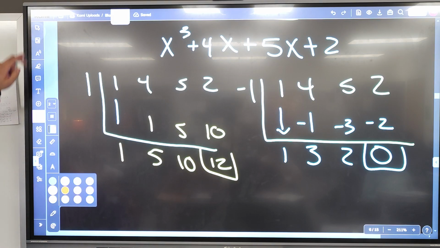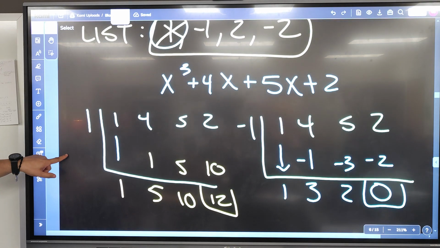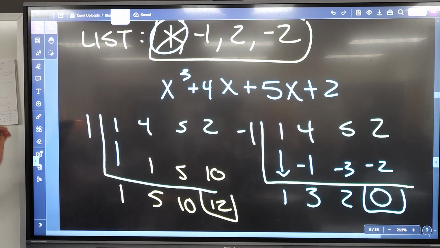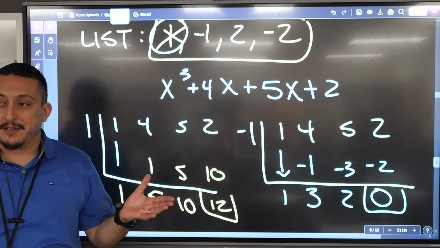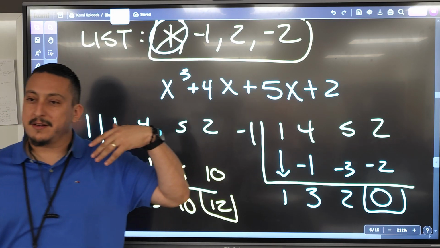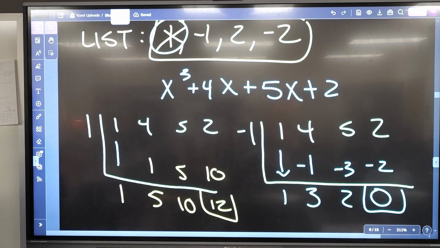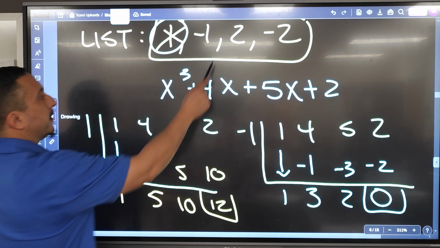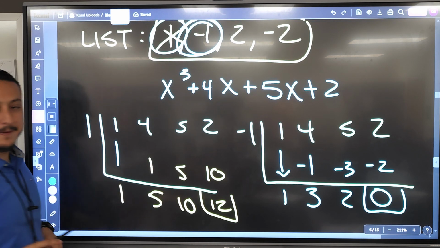Okay. So it looks like negative 1 does work. Very frustrating for you if you mess up adding something wrong or something, because it messes all this up and it's a lot of work. So be very careful, surgical about your work. So there's a root. Okay.